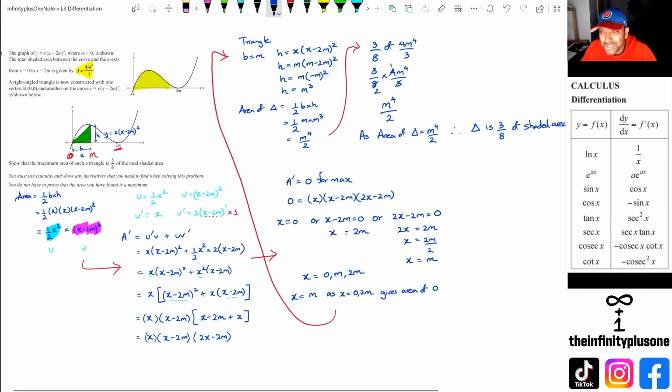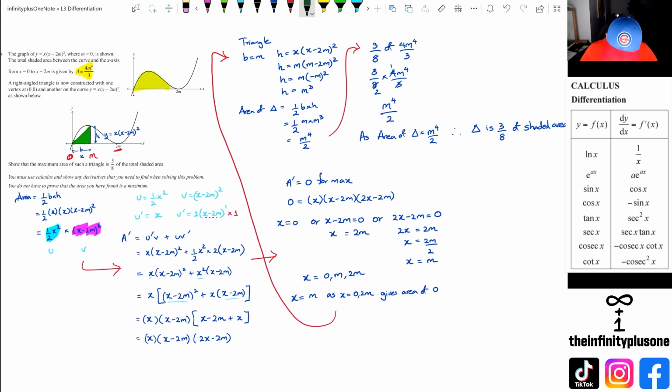Right. Super messy question, but I apologize. I'll get better at putting that together. So grades wise, this looks like a double T question. So correct derivative gets you an achieved. That is, I would probably say here is where you're looking at getting an achieved. Correct derivative and x equals m found, that's going to give you a merit.